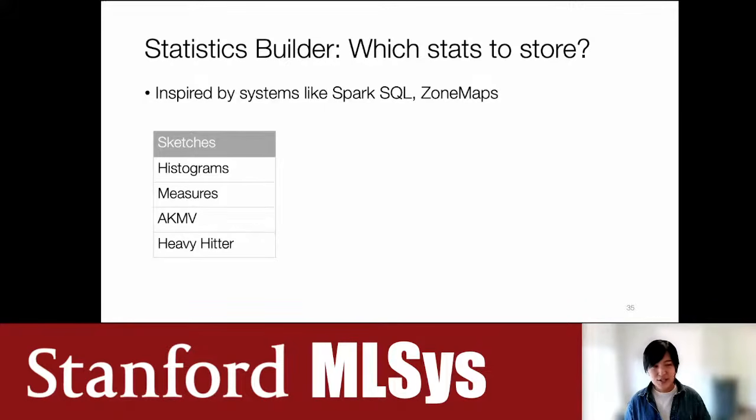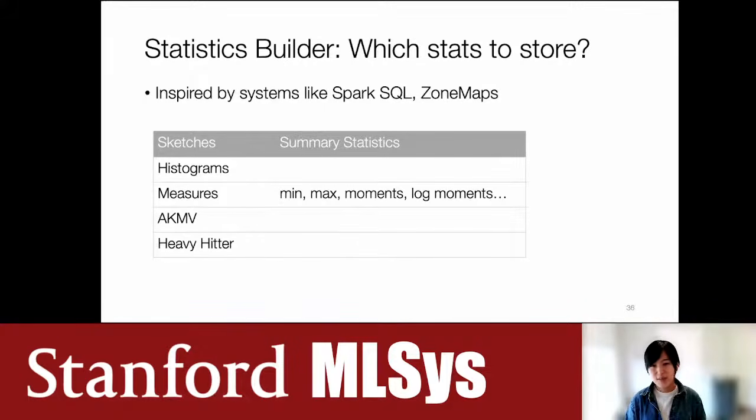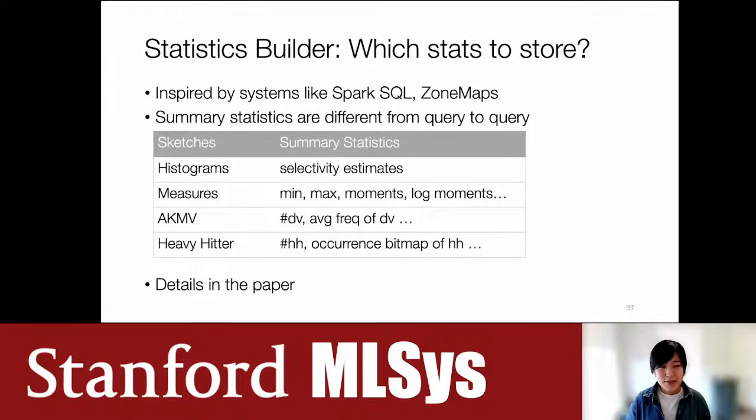Each of these sketches allows us to compute some summary statistics for the partition. For example, measures give you moments, histogram gives you selectivity, and distinct values give you distinct values. I also want to mention that these statistics vary slightly from query to query. Although we always compute the stats with the same schema for each partition, the actual numbers might change from query to query.